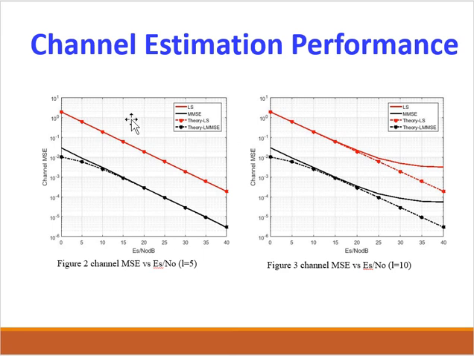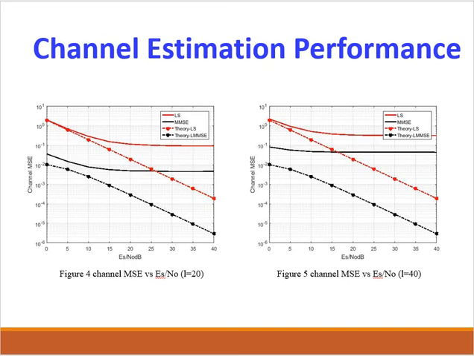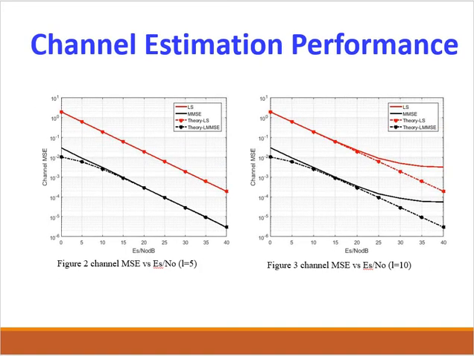From the figures, we can see that at a certain Es over N0, the MSE of the LS estimator is larger than the MSE of the MMSE estimator. Es means symbol energy over noise ratio. And the four figures have the same trend.